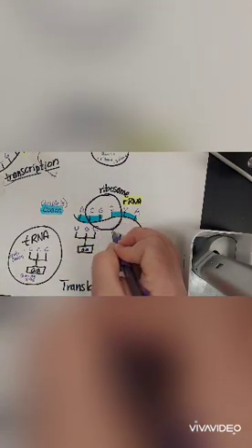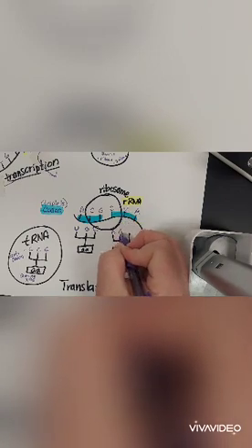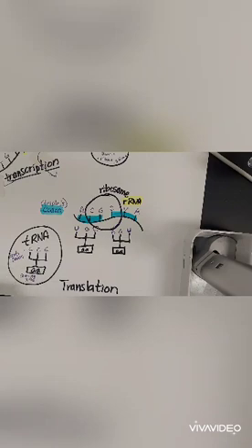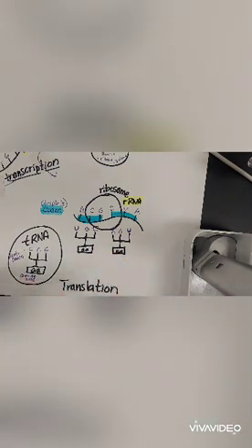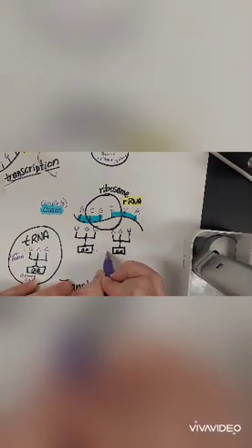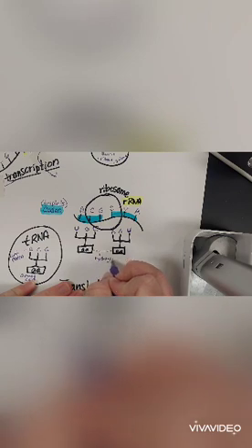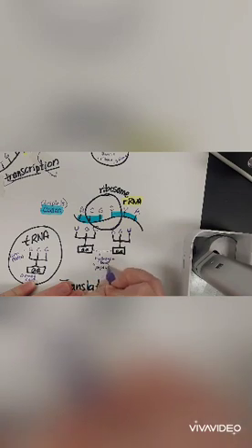C pairs with G, U pairs with A, and A pairs with U. Okay, and then in between these, what kind of bond forms? You're right, it is a hydrogen bond, remember, or in proteins, we called it a peptide bond. Do you remember that?